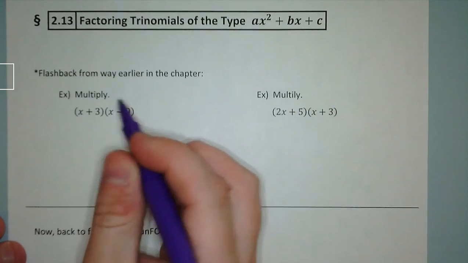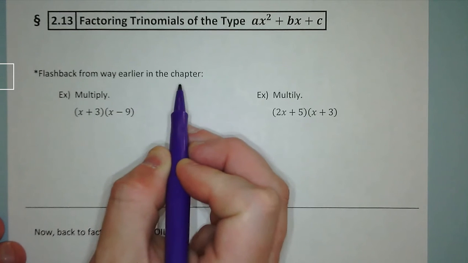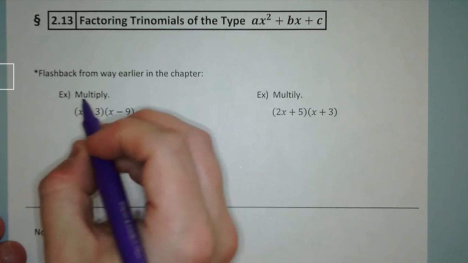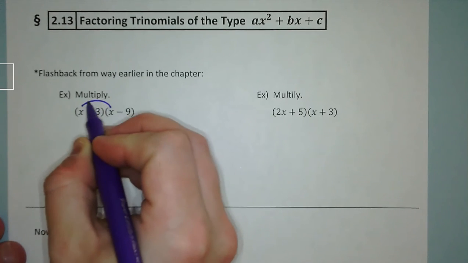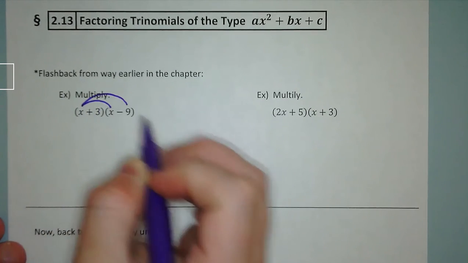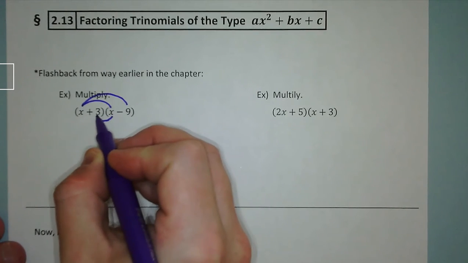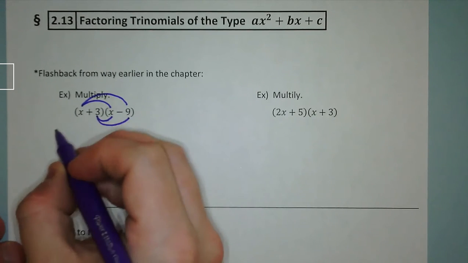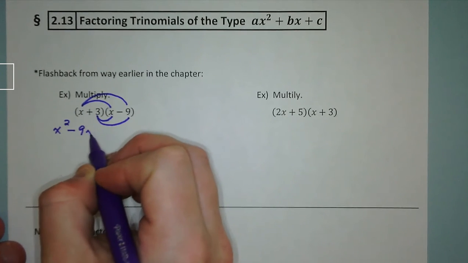Enough chit chat. So this is a flashback from way earlier in this chapter. If we multiply this bubble times this bubble, that's going to require that distributing and also that distributing, which a lot of teachers and textbooks call FOIL.